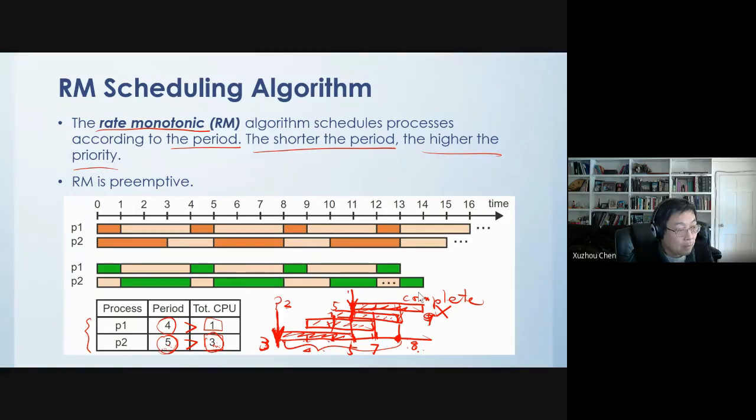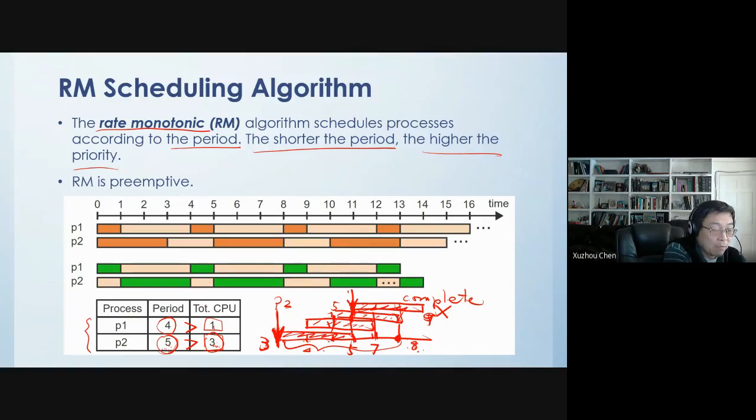So just keep that in mind. Once you define the time period, if the total CPU burst is small, that's good. That gives the scheduler some room to schedule the CPU process. Even though it's a little bit late, it's still going to make it because the CPU burst is short.